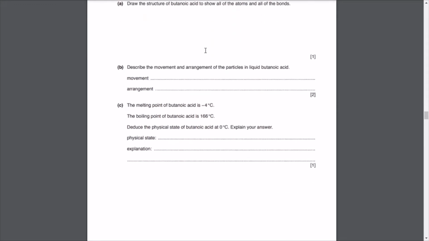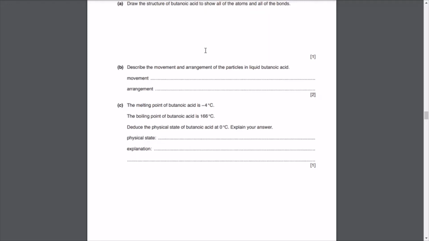Part C, the melting point of butanoic acid is -4°C. The boiling point of butanoic acid is 166°C. Deduce the physical state of butanoic acid at 0°C. Explain your answer.